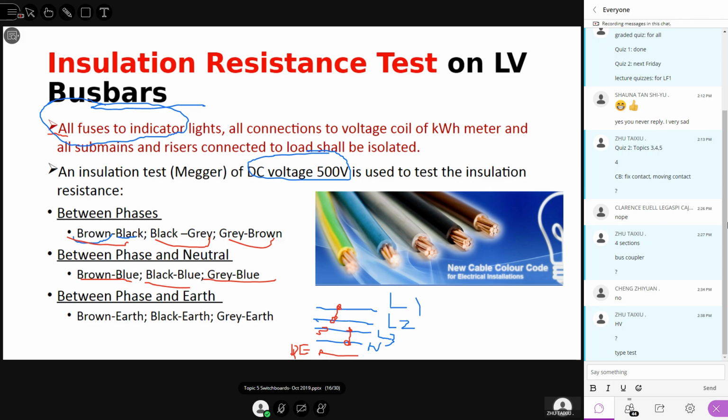Now disconnect all fuses to indicator lights, to energy meter, and some other connected load and the sub mains. You have to disconnect them. Then you can really now measure the impedance or resistance. Okay, so these are something like a preparation for the insulation resistance test.